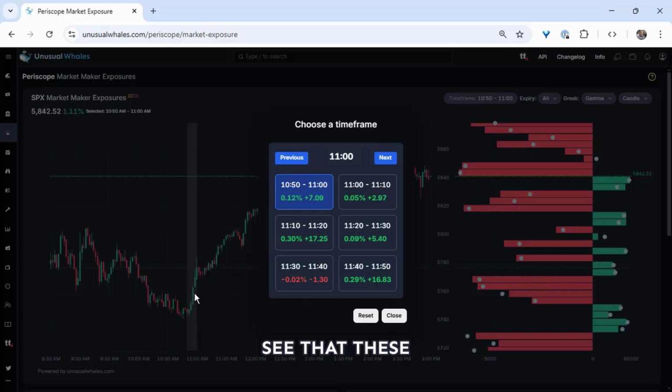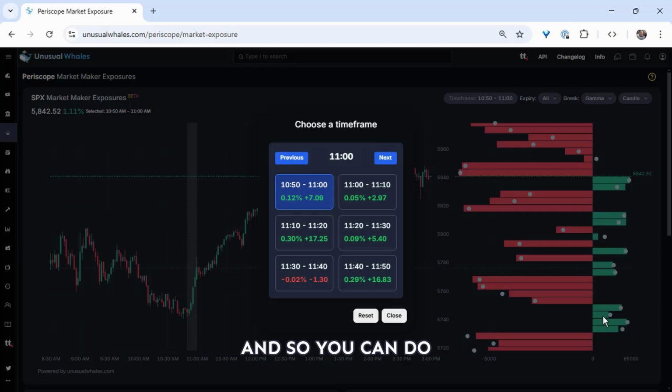So you can see that these green bars got a lot taller. These are probably 10 or 15 point candles, maybe let's just say like 10 to 12. And it's a different look than the tighter range we saw inside the positive gamma local area where market maker hedging was resisting larger price moves.